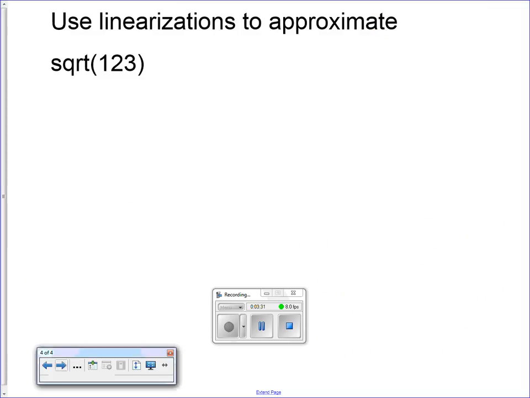All right, so we're going to use a linearization to approximate the square root of 123. This is how your calculator does it. Your calculator does not know what the square root of 123 is when you type it in. It gives you a decimal approximation. It's not some number saved in the memory of your calculator. Your calculator actually does this calculus because it's pretty quick to do. We can approximate it.